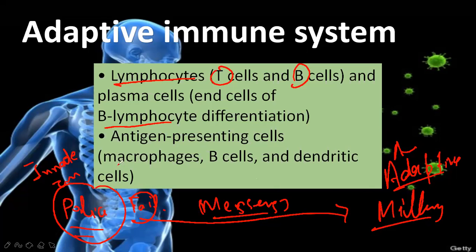We use some cells as messengers. We have three messengers here. Number one, macrophages. Macrophages are very important cells here. Macrophage is also part of innate immunity. They try to kill bacteria and viruses, but when they fail, these macrophages give a message to adaptive immunity. In adaptive immunity, who is the main key player? The T cell.